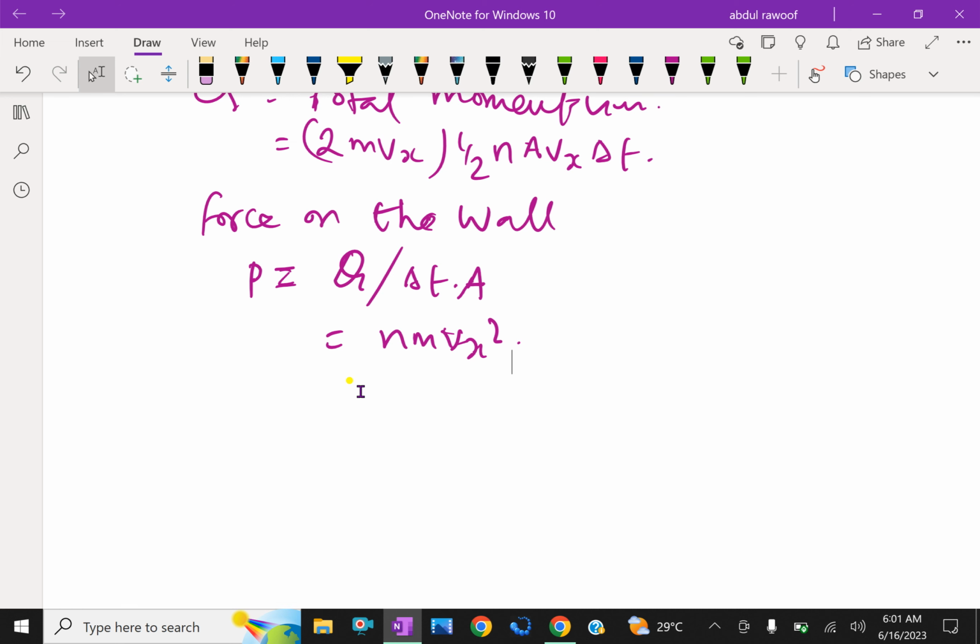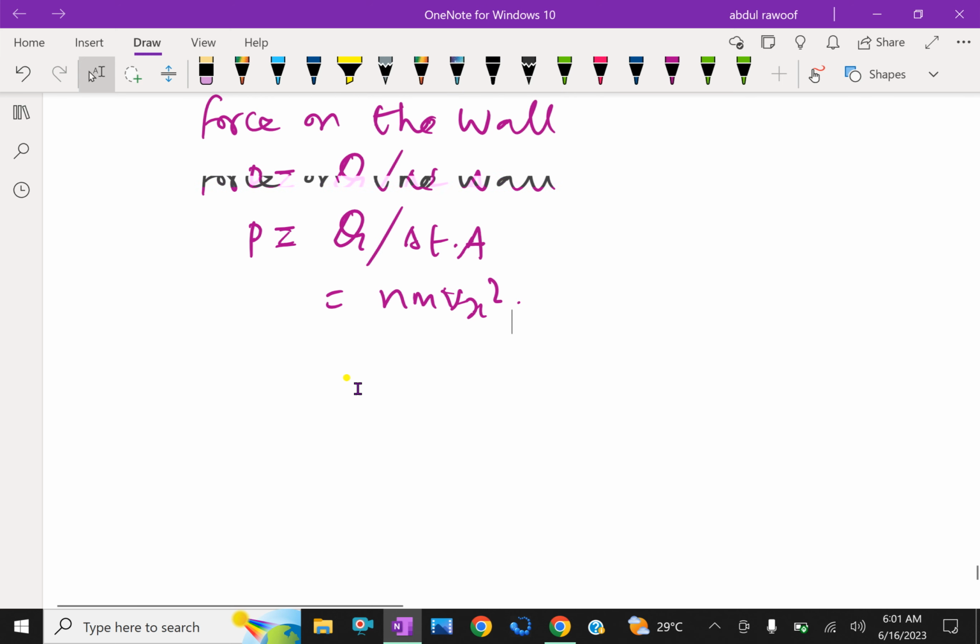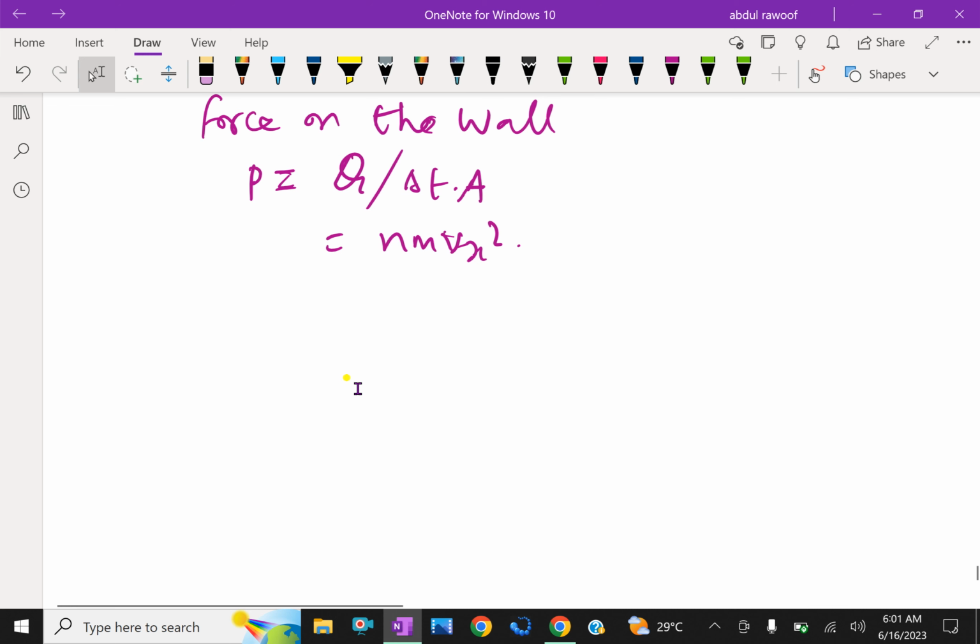The total pressure is obtained by summing over the contributions of all groups, so P can be written further as n m times the average of Vx square, the mean square velocity, written as Vx square bar.